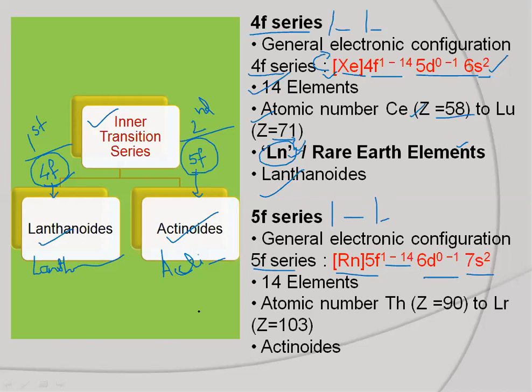Again, in this there are 14 elements whose atomic number starts from 90, which is thorium, to lawrencium 103. They are also known as actinoids. Now the preceding inert gas to the actinium is radon, whose atomic number is 86. So in case of 5F series, electronic configuration is written with respect to radon, and here it is written with respect to xenon. Hope it is clear to all of you.